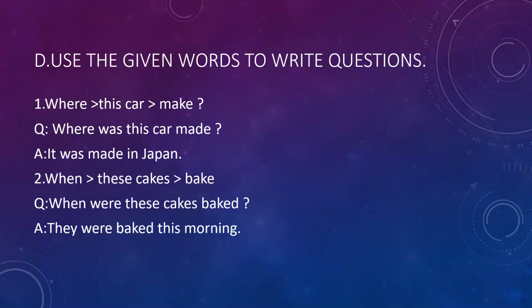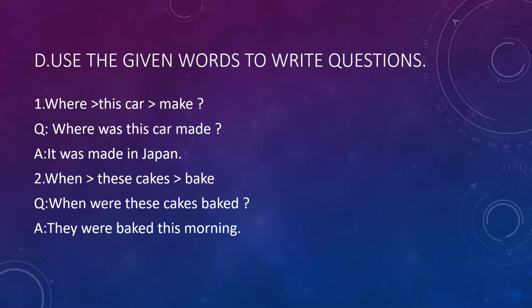Number 3 is: when the parcel post. The question which you will make is: when was the parcel posted? Number 4. Where this umbrella left. Where was this umbrella left? Past participle.